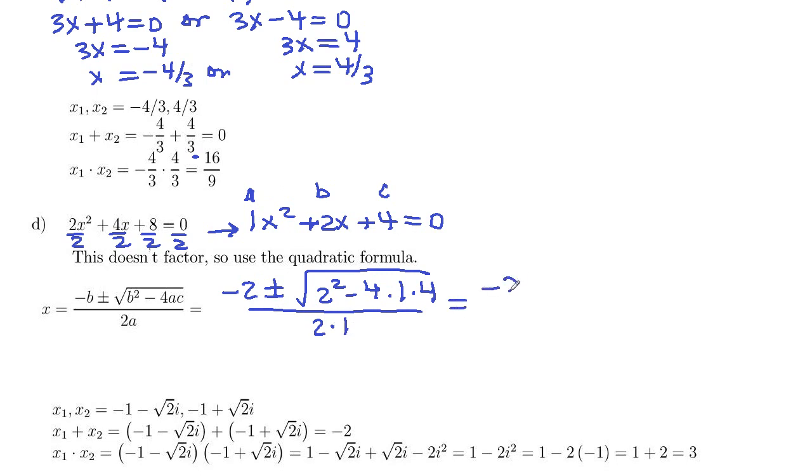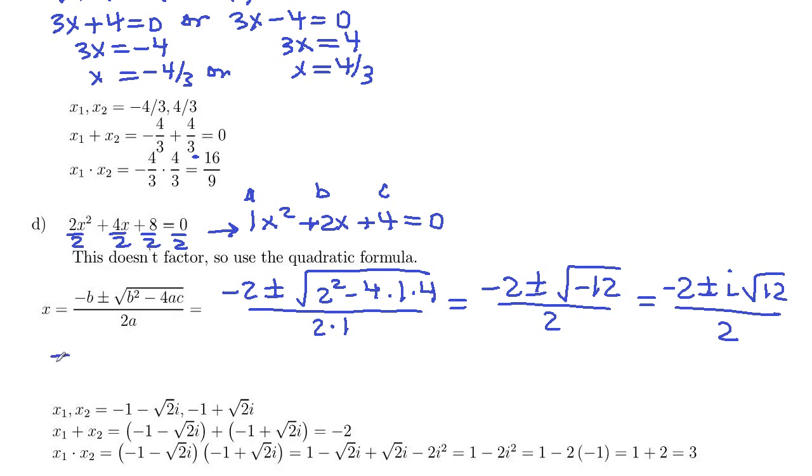So this will be negative 2 plus or minus, let's see, this will be 4 minus 4 times 4, 16, 4 minus 16, negative 12. So square root of negative 12 over 2. And then a negative inside the square root is i on the outside. So this is negative 2 plus or minus i square root of 12 over 2.